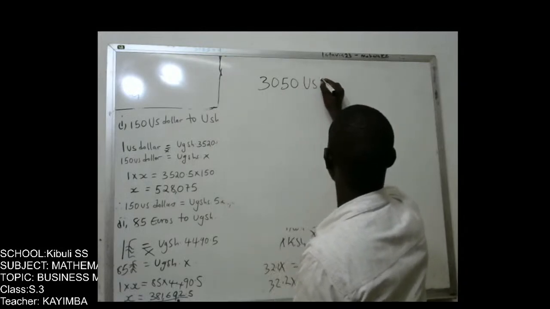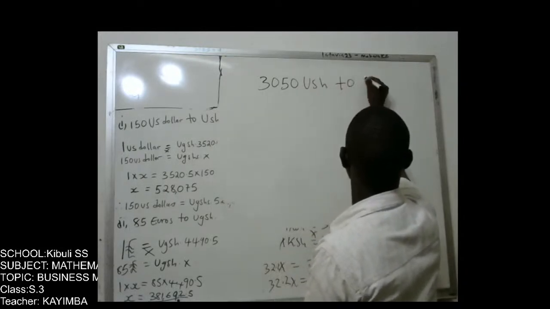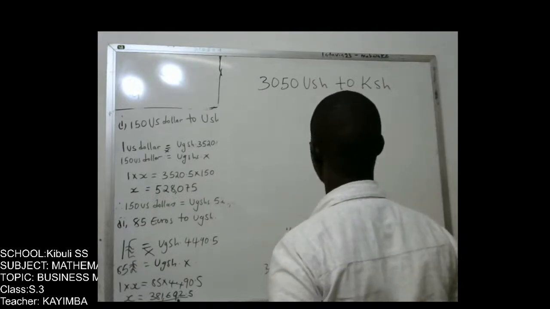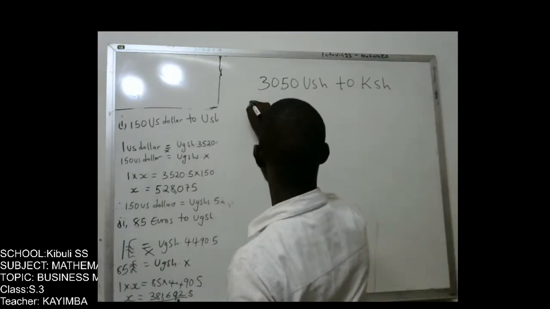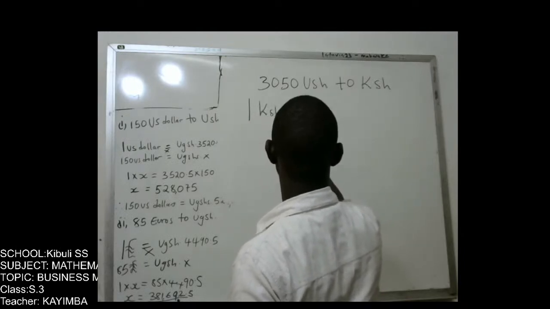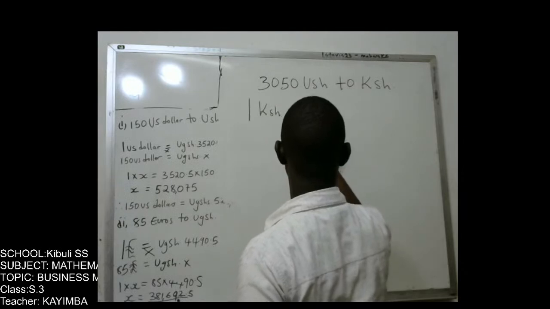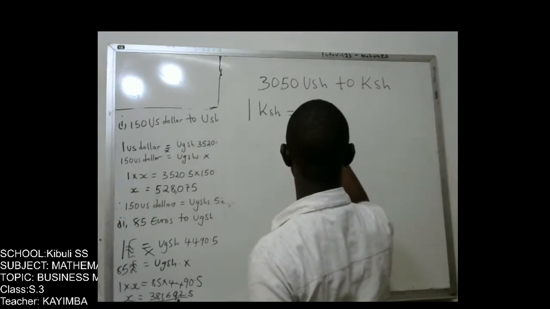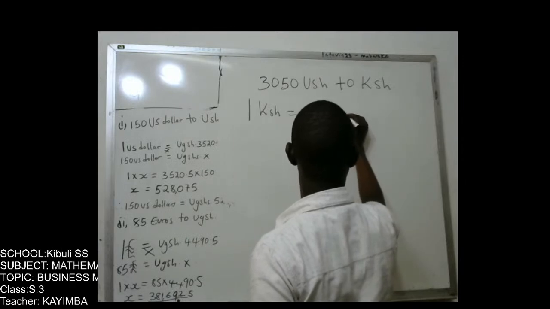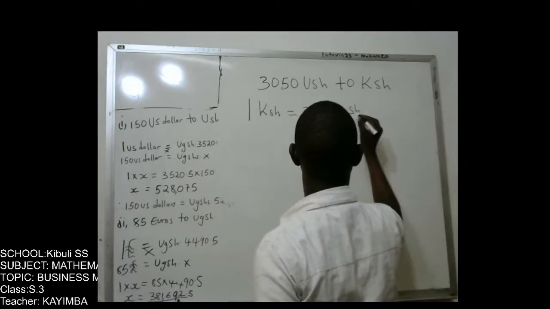Ugandan shillings to Kenyan shillings. Now we are changing from Ugandan to Kenyan shillings, and they told us that 1 Kenyan shilling is equivalent to 32.2. Is it 32.2?